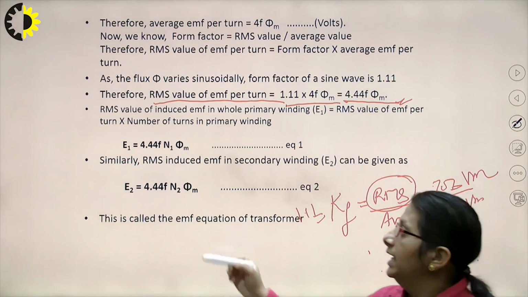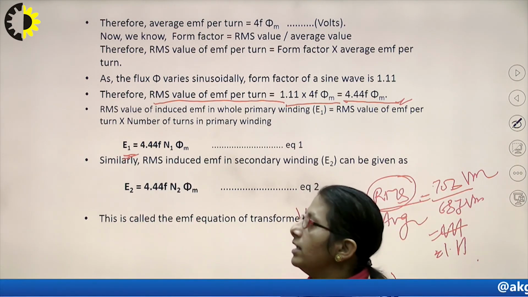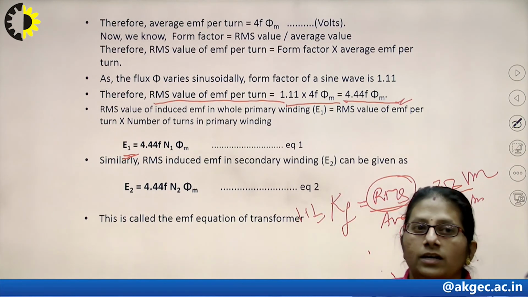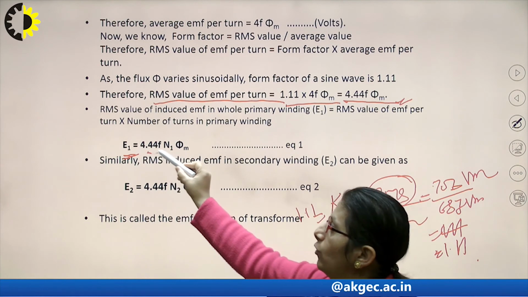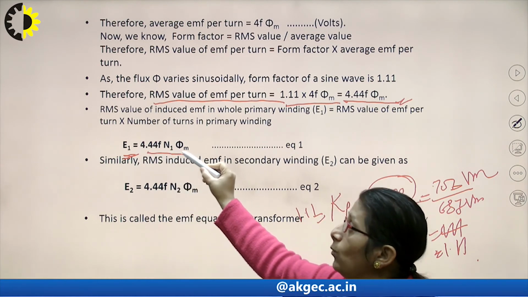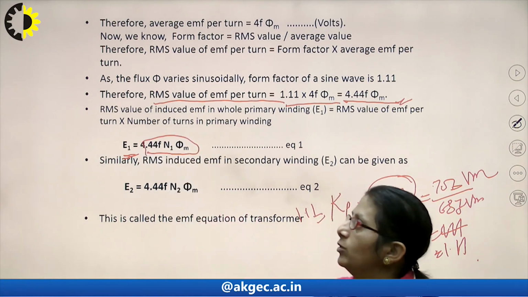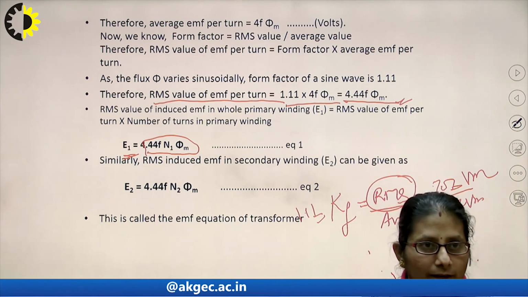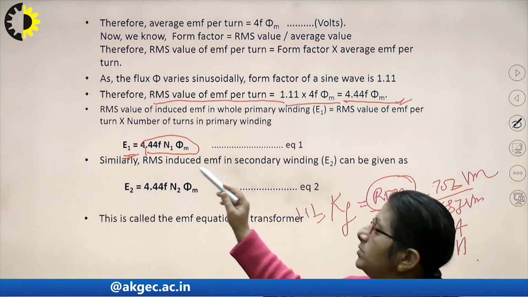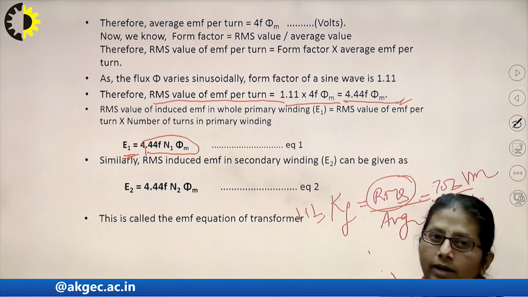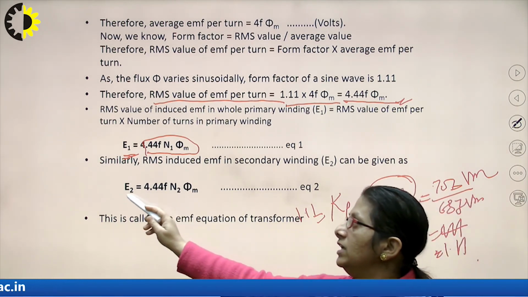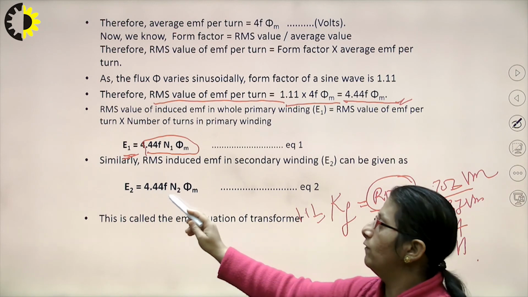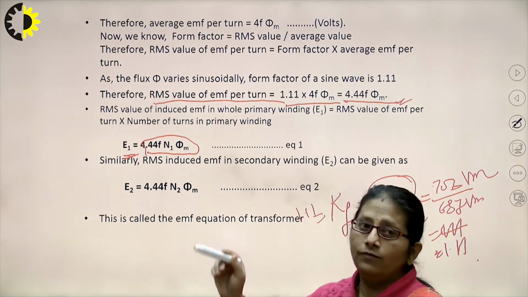So, obviously, E1, which is nothing but the RMS value of the EMF induced in the primary winding, would be given as 4.44 f N1 phi m. The number of turns in the primary would be multiplied to it. Similarly, the RMS induced EMF in the secondary winding, having N2 turns, will be E2 equals 4.44 f N2 phi m.